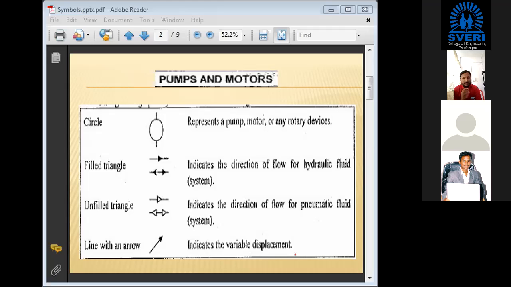These are the ISO symbols for our fluid circuit. Fluid circuit means what?